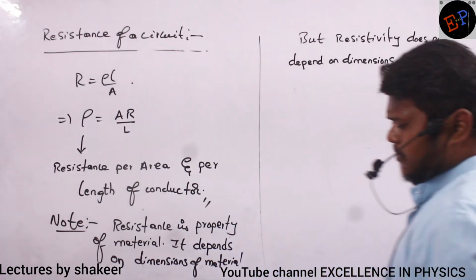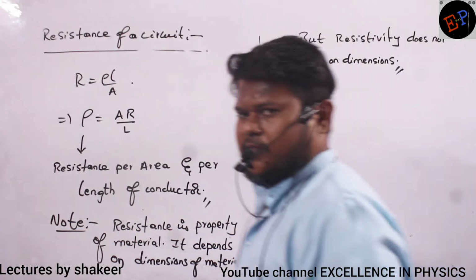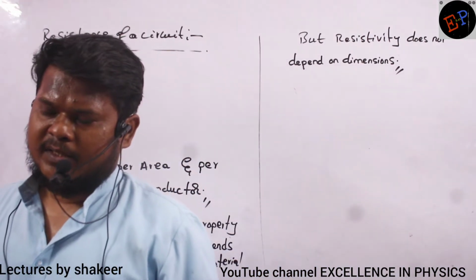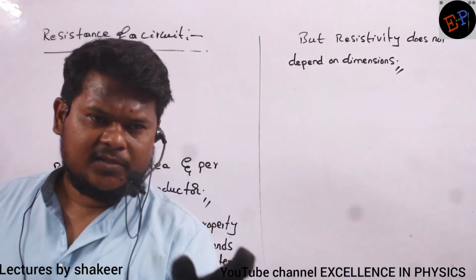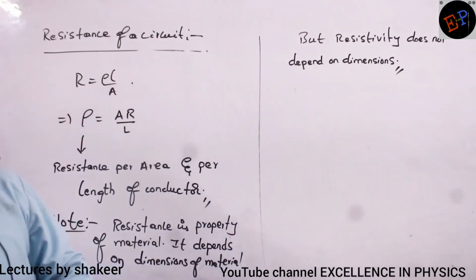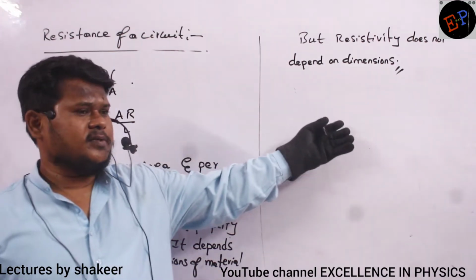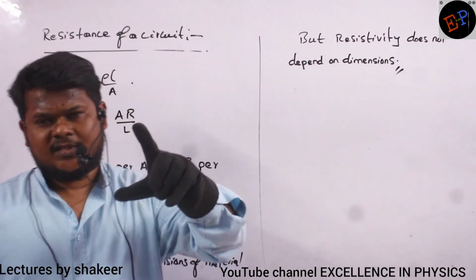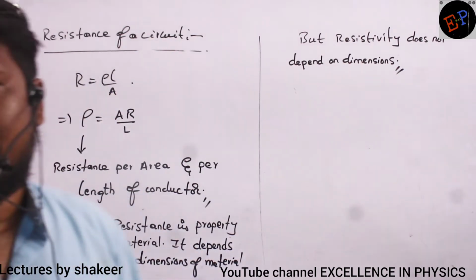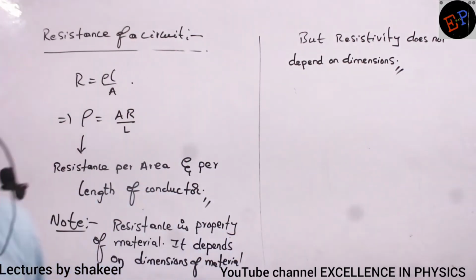Are you able to understand? Because resistivity is always defined per unit area per length, no? For this much area and this much length, what is the resistivity? That is always a constant. But resistance, as the length increases, resistance increases. As the area of cross section increases, resistance decreases. So resistance depends on dimensions. That's it.